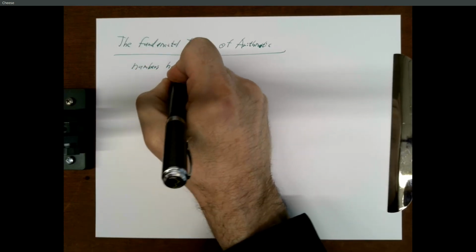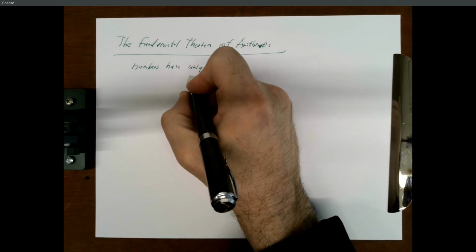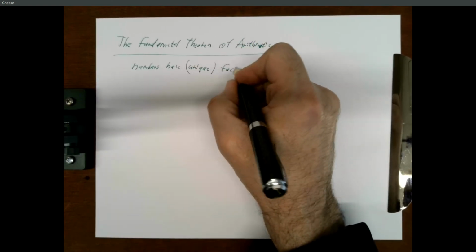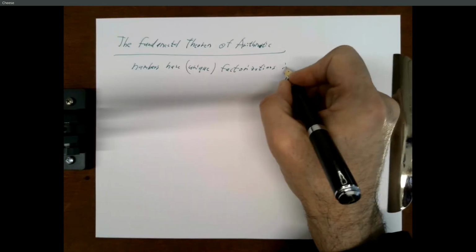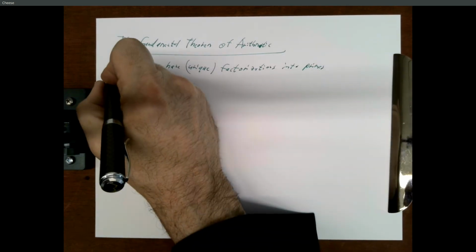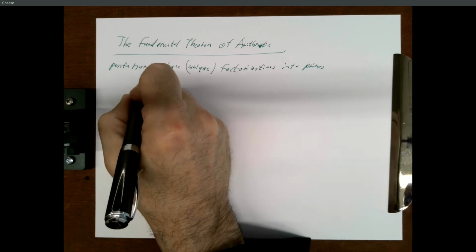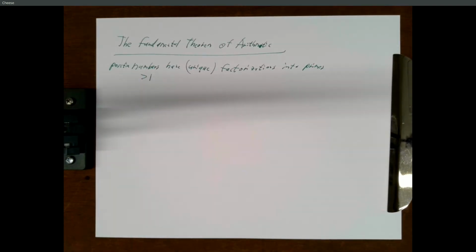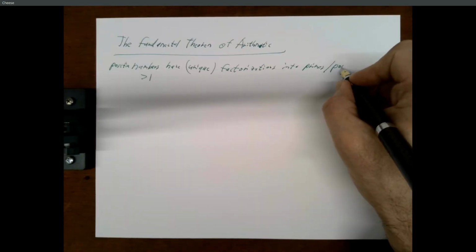Numbers have unique factorizations into primes. Let's say positive numbers bigger than 1 have unique factorizations into primes and powers of primes.